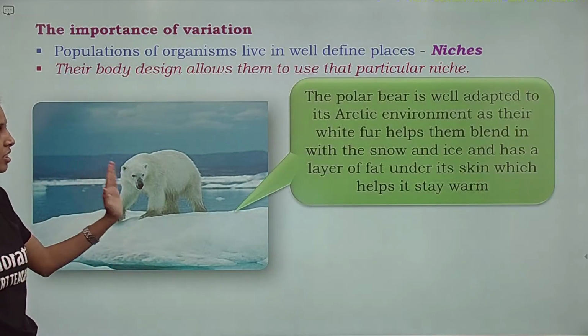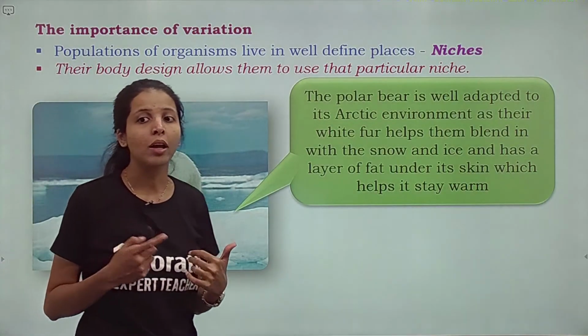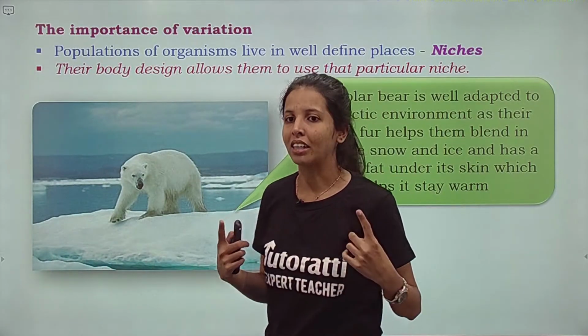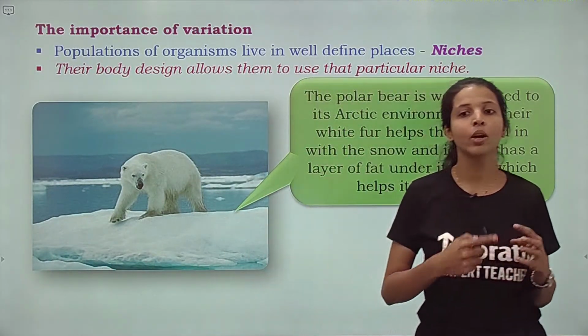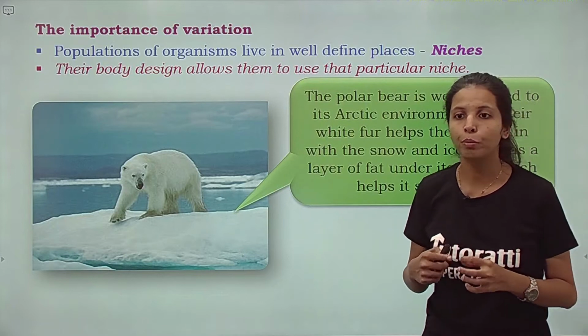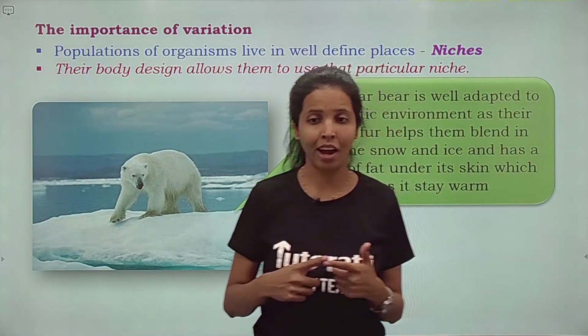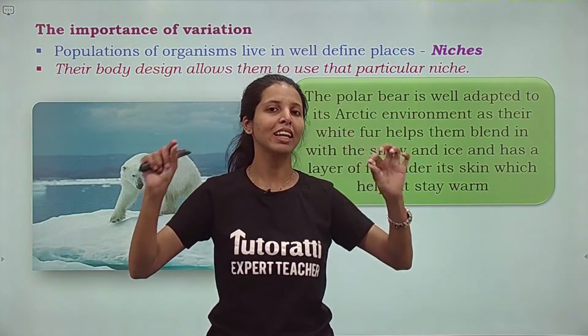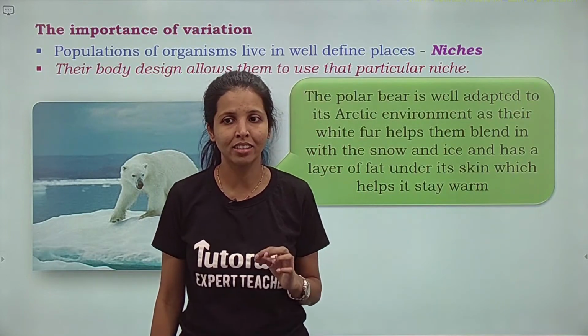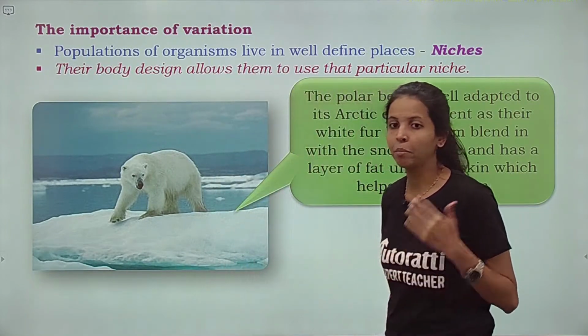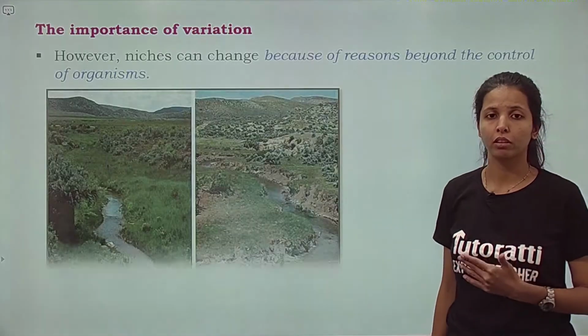Say for instance, this is a polar bear. Polar bear is well adapted to its Arctic environment as their white fur helps them to blend in with the snow and ice, and also kids, they have a nice layer of fat under their skin which is going to help them to stay warm.